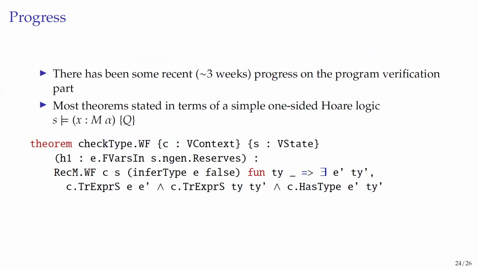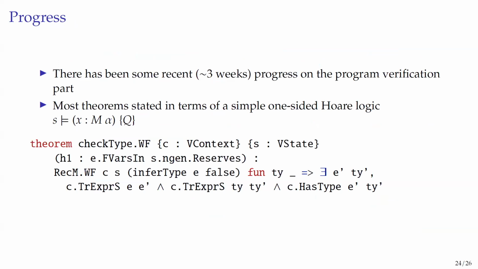So there's been some recent progress on the program verification part of this. I'm stating these in a one-sided, Hoare-logic kind of style. On the right, I have a postcondition, that's Q. And on the left, you would usually have a precondition P, but instead of that, I just have that you're equal to some initial state.